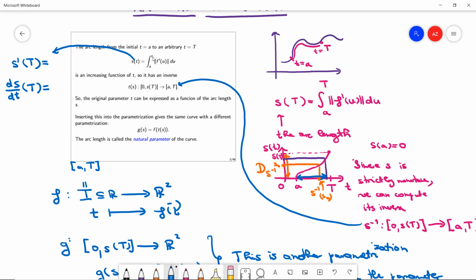Does anybody remember? It's a very important theorem in calculus. It's the so-called fundamental theorem of calculus, which is the basic connection between the derivative and the definite integral.